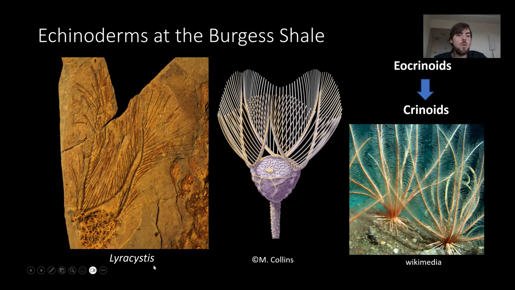One of the most amazing echinoderms, for example, is Lyracystis. Lyracystis is believed to be an eocrinoid, so probably an ancestor to the sea lilies, the crinoids, that live nowadays in our seas. Probably Lyracystis was an ancestral type of crinoid, so-called eocrinoids.